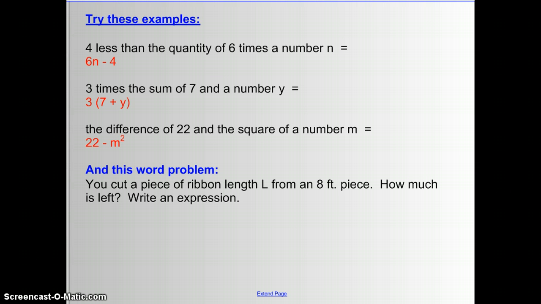Now here's a word problem. You cut a piece of ribbon length L from an 8-foot piece. How much is left? Okay. If you start with 8 feet, you're going to start with the number 8.